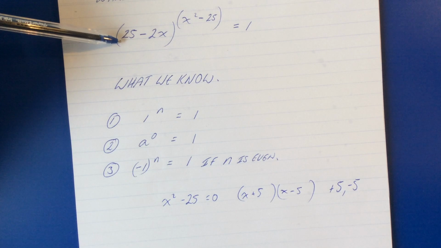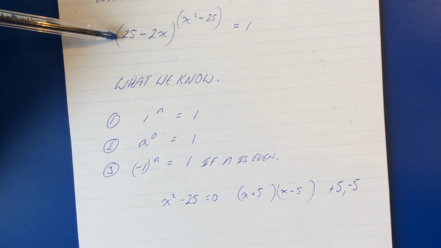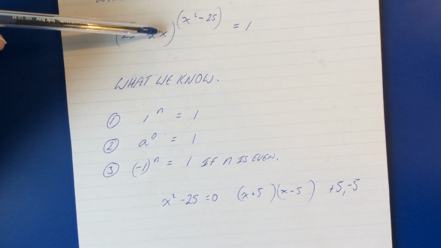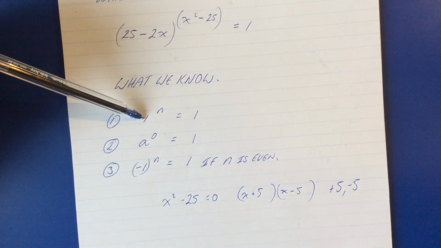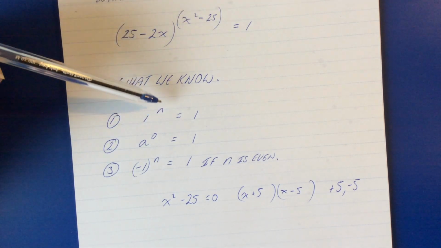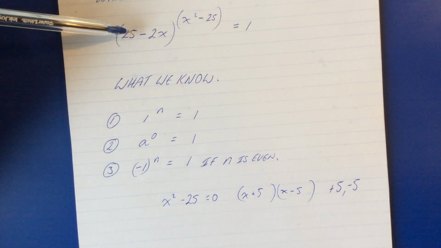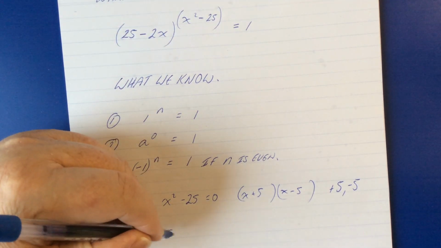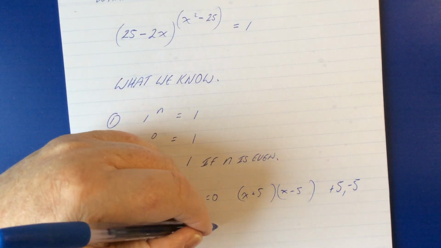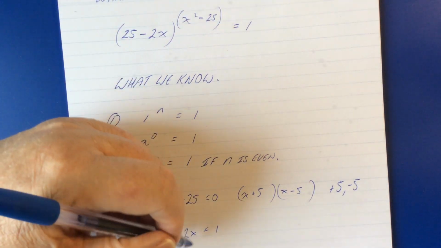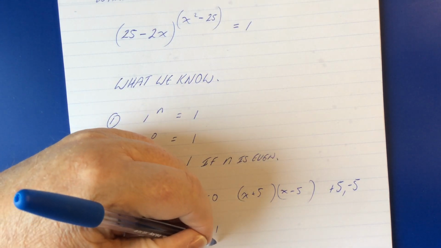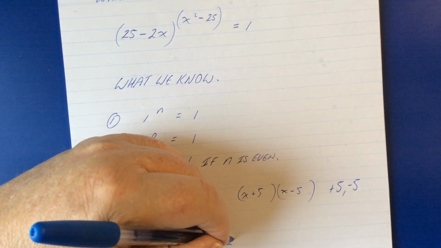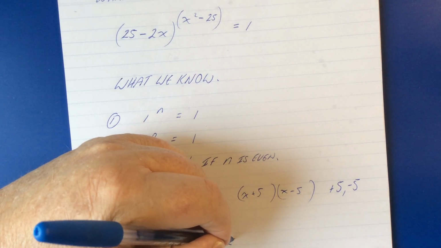What about this bracket here? 25 minus 2x. Now, what we've looked at is this. What we're looking at now, to start with anyway, is this. 1 to the power of anything up here is equal to 1. So how do we make this equal 1? Well, 25 minus 2x equals 1 gives us 2x equals 1 minus... what am I saying?